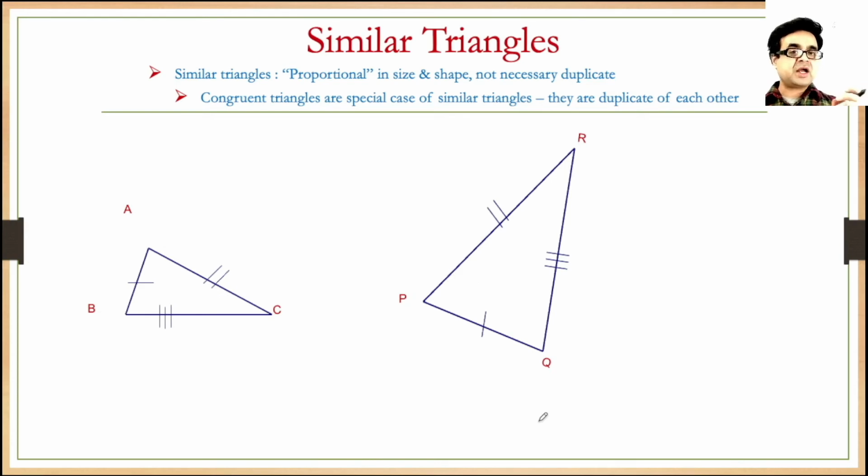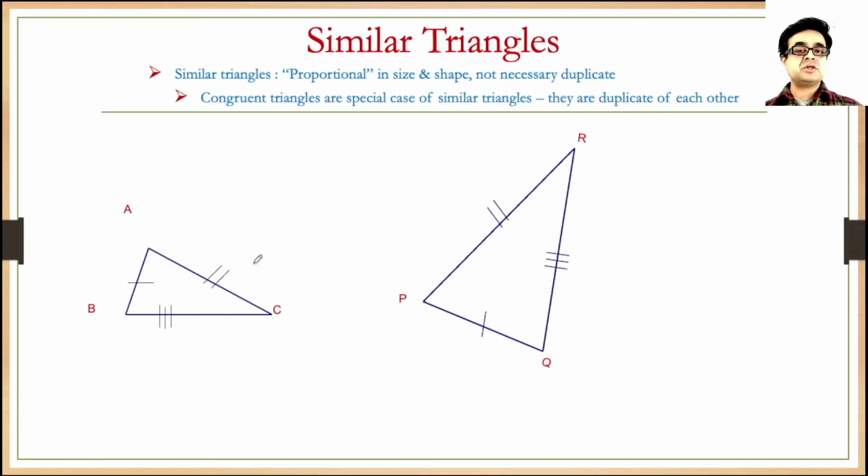Now here is why I was insisting you follow certain nomenclature. So if you can see, these are two triangles, triangle ABC and PQR, and ABC is like this and PQR is just a tilted version, a slightly bigger version of ABC. However, if you just look at them, you don't see the similarity, and this is where you can trip up while solving a question, because they don't look similar.